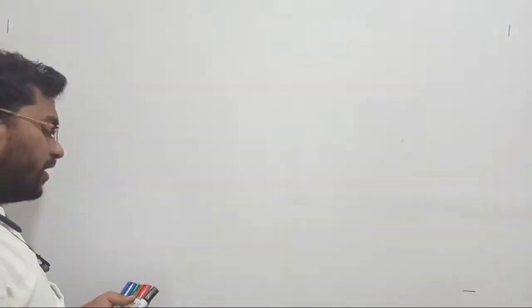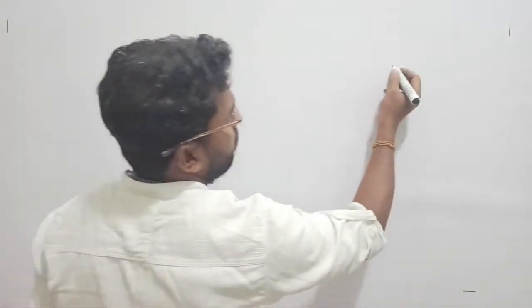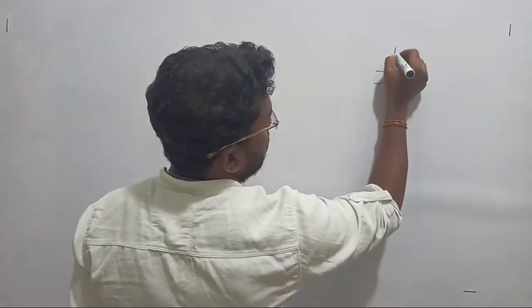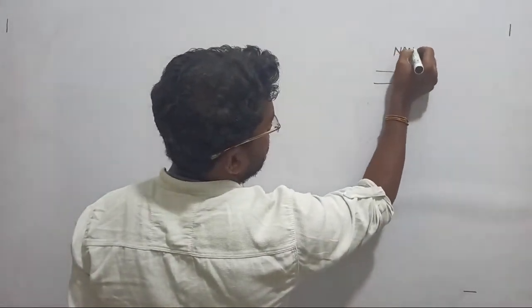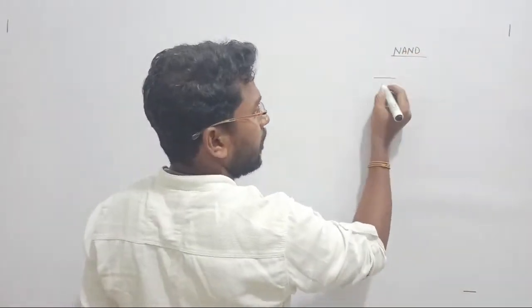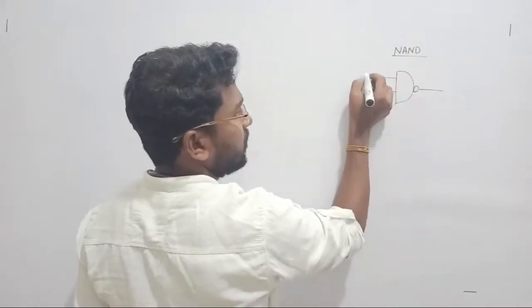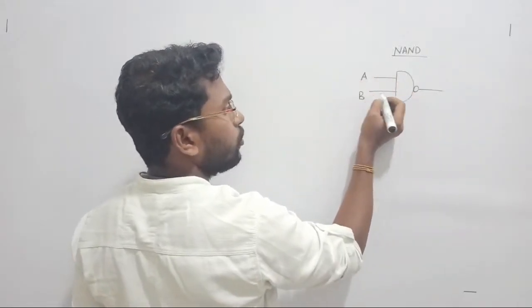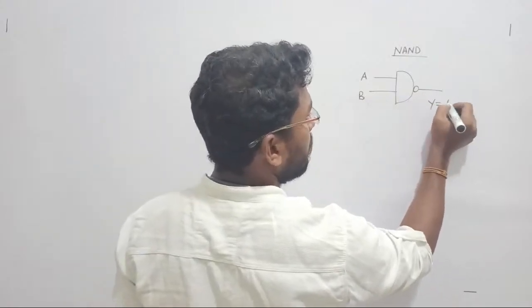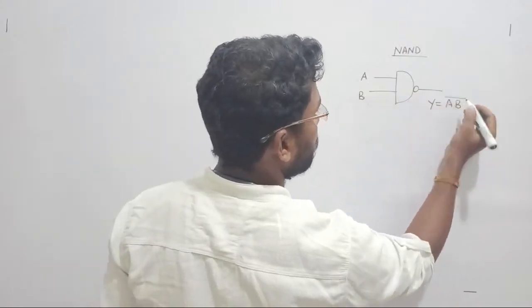Let's take the NAND gate. The basic operation of NAND is known to us. Let us consider NAND first and then we will consider the NOR gate. In the case of a NAND gate, we have 2 inputs minimum. This is the representation of NAND. If I pass A and B through the NAND gate, then the output will be (A dot B) whole bar. Clear?